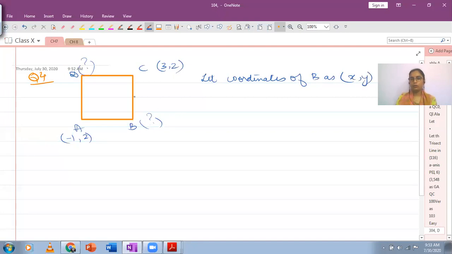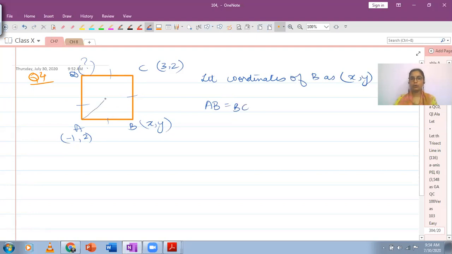So if the coordinates of B are x, y, what can I use to find out the value of x and y? What's the relation I can use here? Since it's a square, all sides are equal. This is the first relation that I have. So I will have AB equals to BC, the adjacent sides.